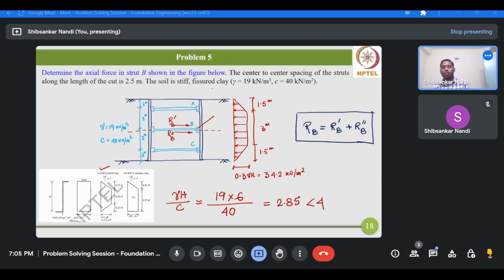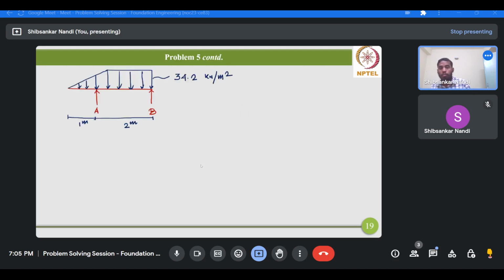Okay, so suppose this is your point B and this is your point A. This is your point B, and this distance is your 1.5 meter. Now what we'll do, we'll calculate the resultant of this triangular part. Suppose this point is your G.